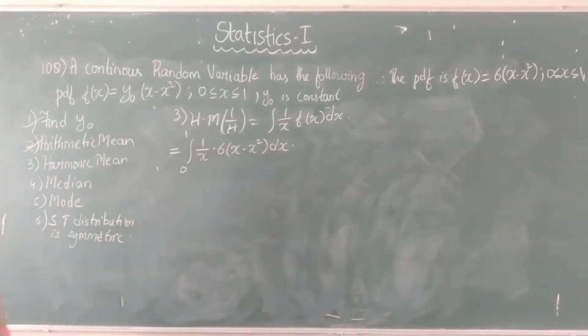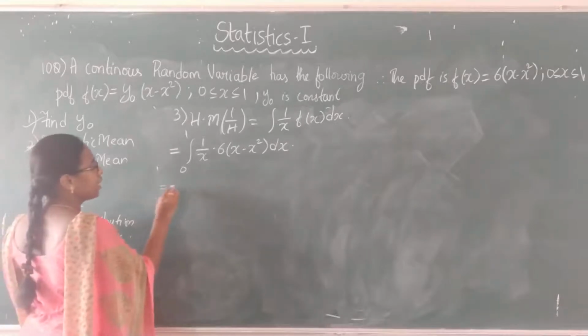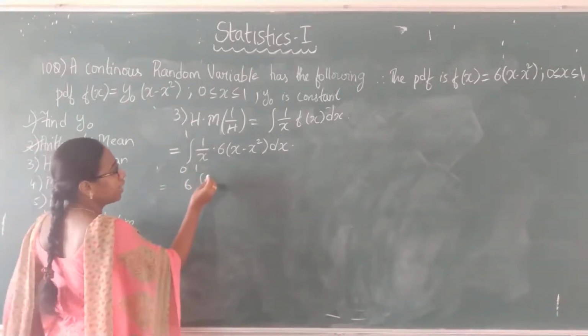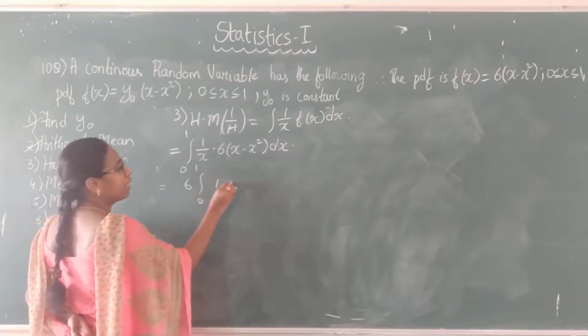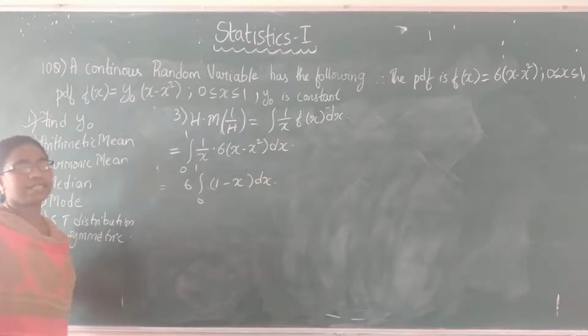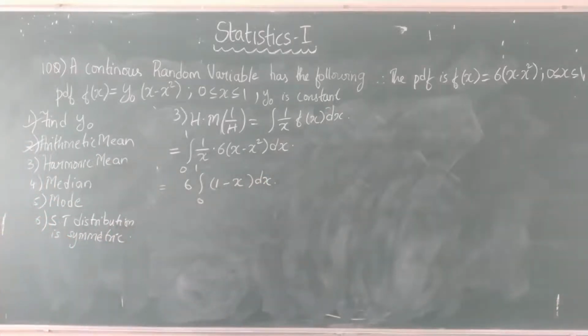So here, what is the simple thing? You can take x common. If you take x common here, 6 is anyhow constant. 6 into the integral from 0 to 1. If you take x common, you will get (1 - x) dx. x and x get cancelled by taking the x common. Now integrate it.